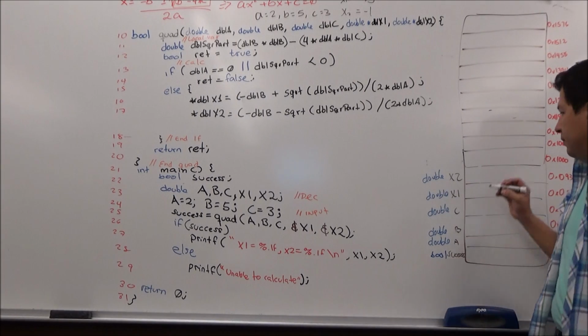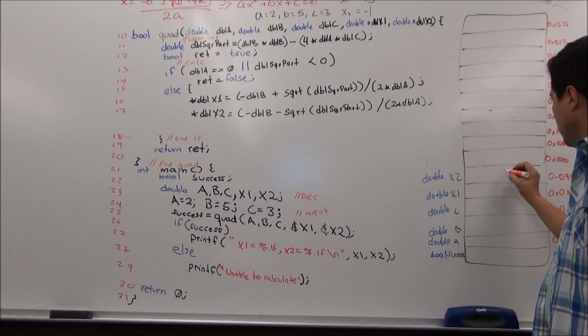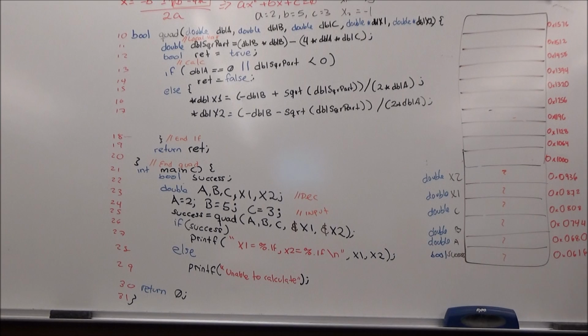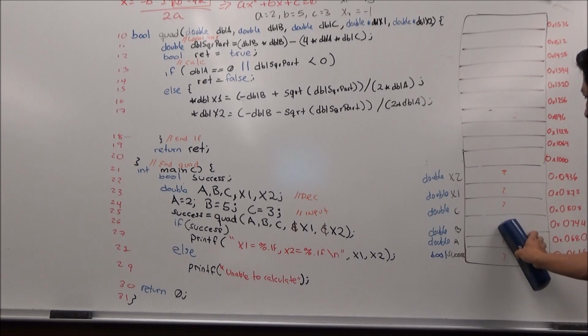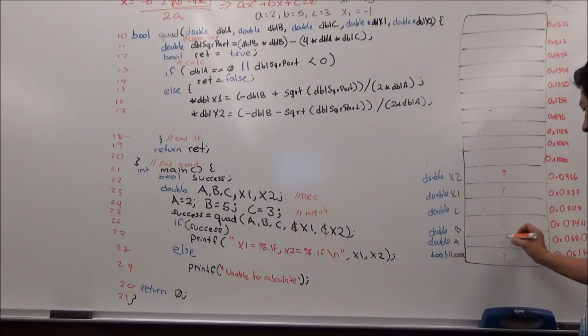And they have garbage inside, right? You don't know what they have. Line 24 gives the value for A, B, C. So A is 2.0 actually, 5.0 and 3.0. Like your GPA. No, yours is 4.0, right?